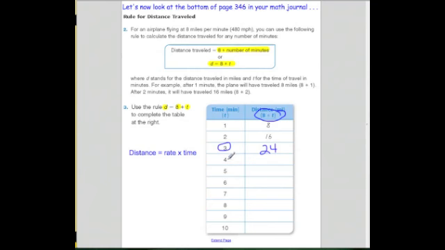Now if we do it with the 4, if 4 is our time, all we're going to do is take 8, because our formula says 8 times t, which is time. So 8 times 4 is 32. All right, so go ahead and answer those now. When you're completed with that, come back to the video.